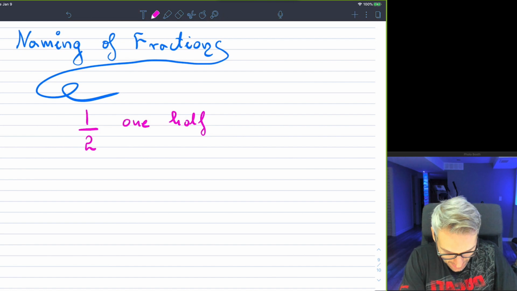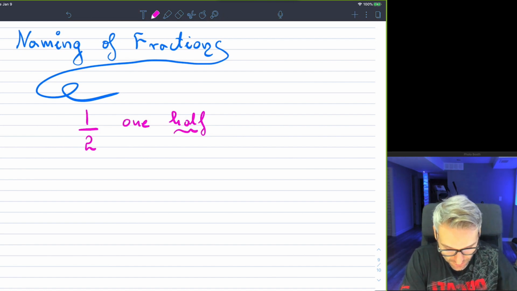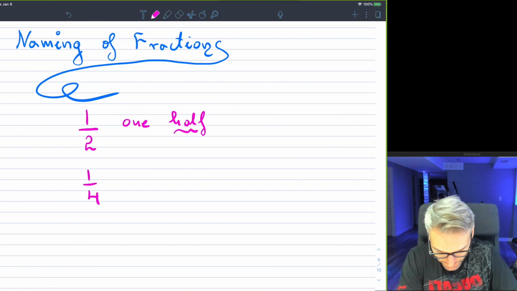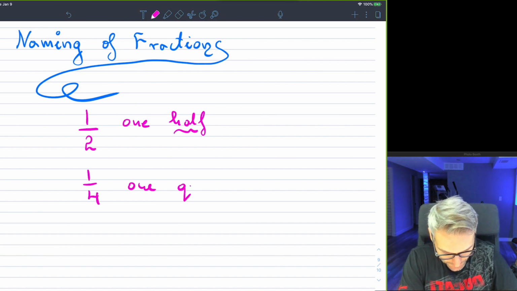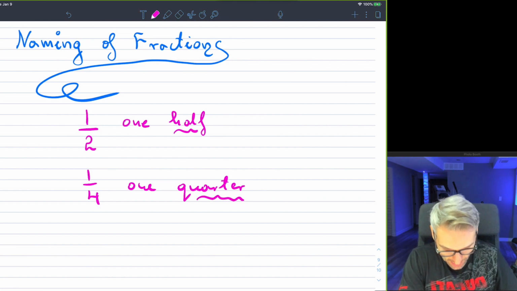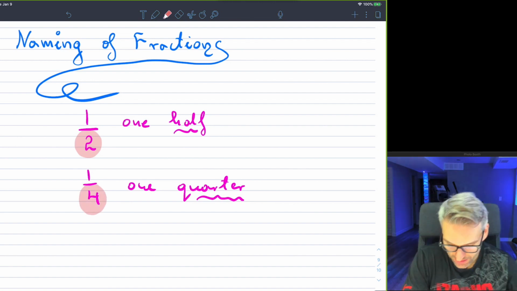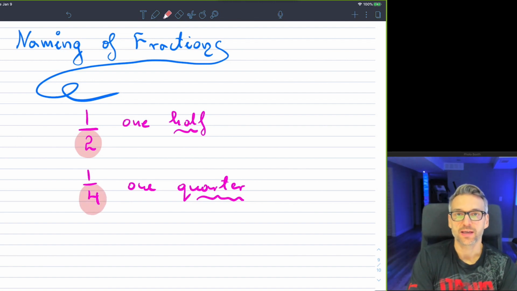The keyword here is half. And the other one is 1/4, and the keyword here is quarter. So the 2 and the 4 at the bottom, in the denominators, give us half and quarter, and that is very, very common.